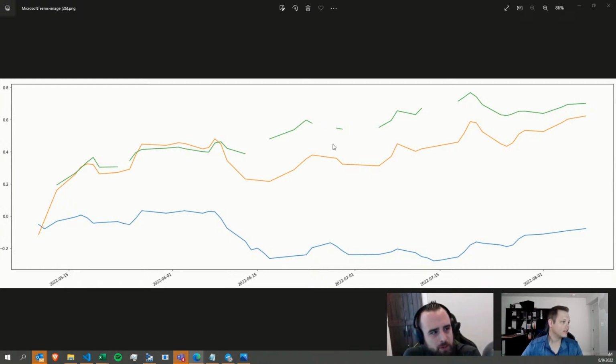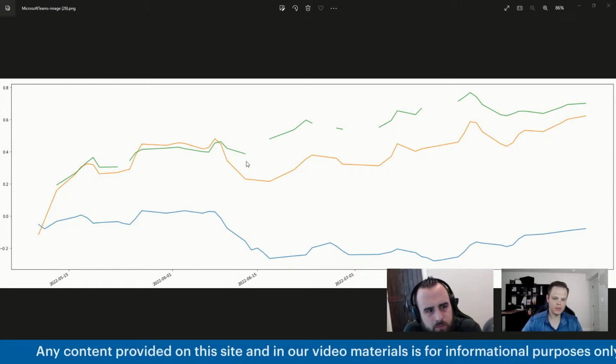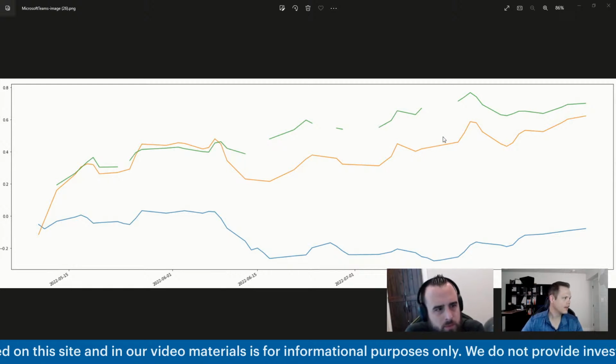Absolutely. And look at this. The green line and the orange line are kind of tied for a long time. From mid-May to mid-June, it's really ambiguous as to which model you would prefer. But we avoid this massive drawdown there. And so if you were to estimate the Sharpe ratio of the green versus the orange, I think the Sharpe ratio of the green is going to be far improved because your volatility is just decreased.